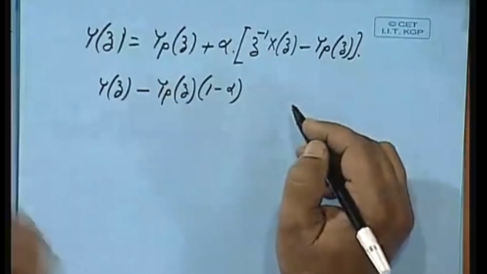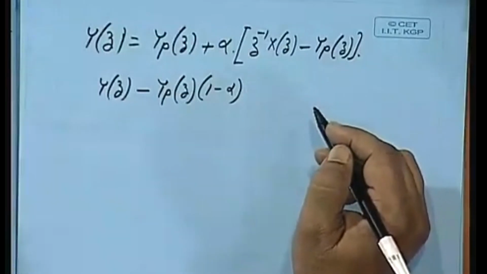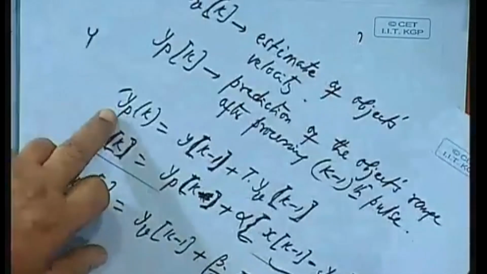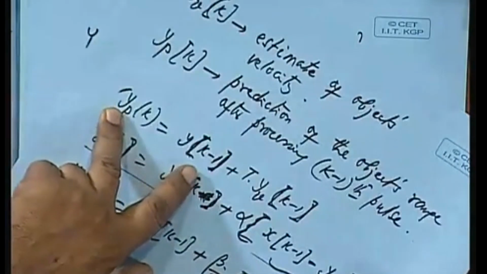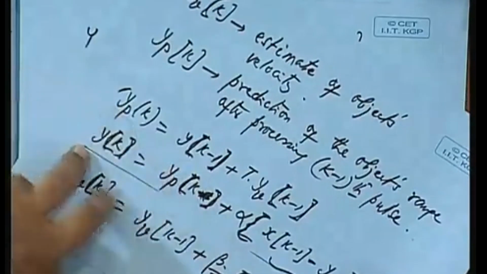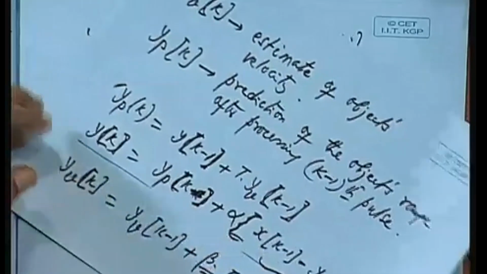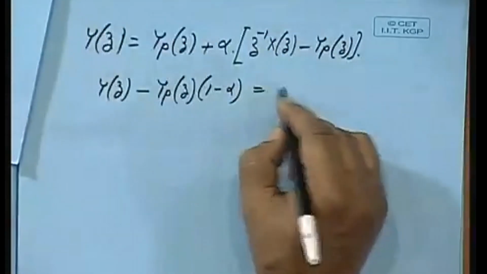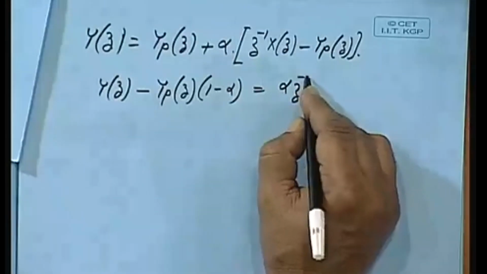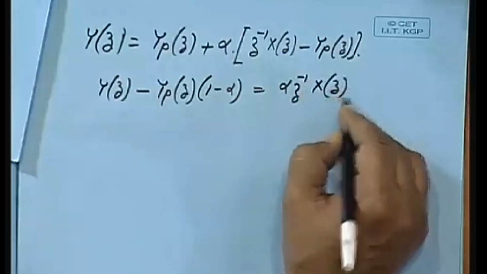Okay. Is this all right? YPZ, this one, okay. On this side, alpha Z inverse XZ. Is that so?